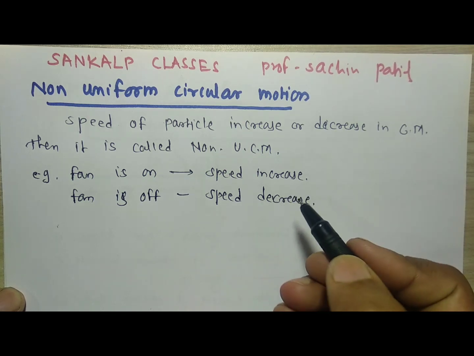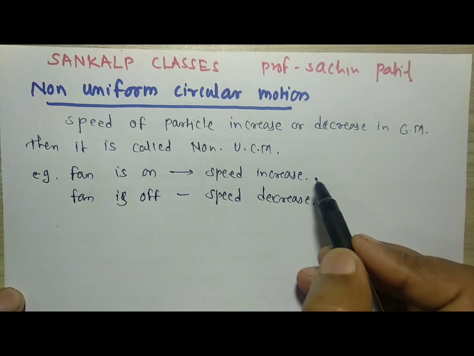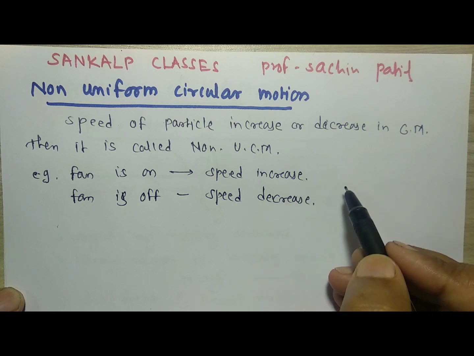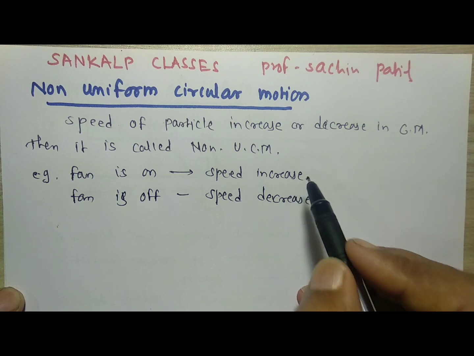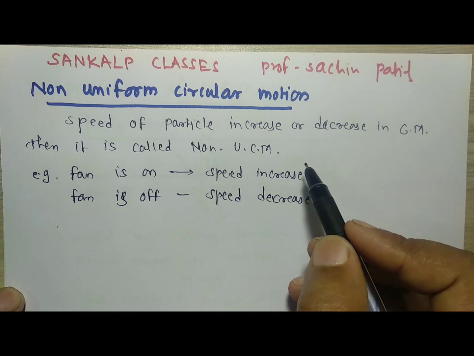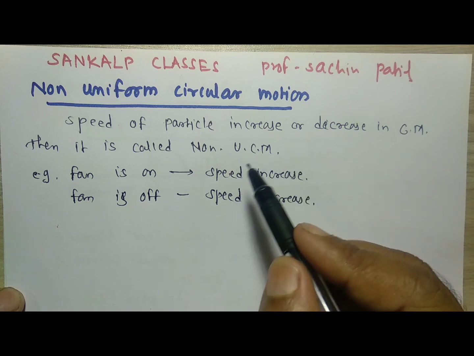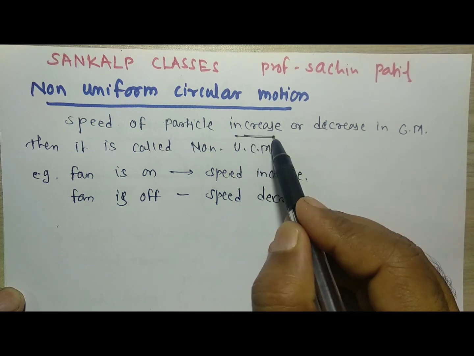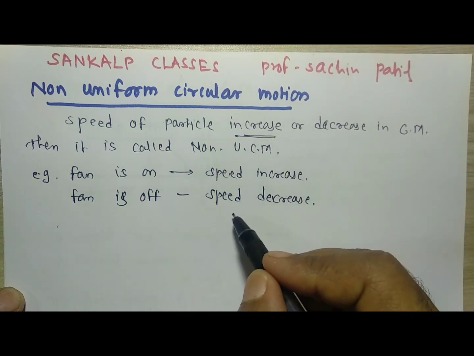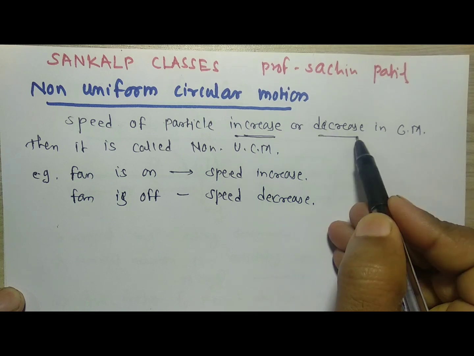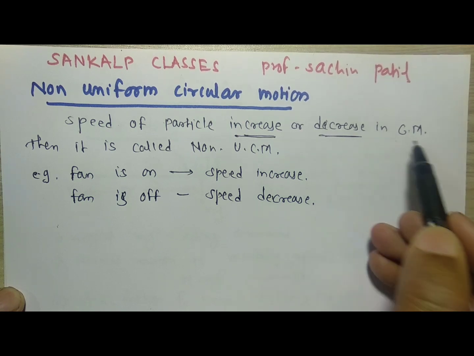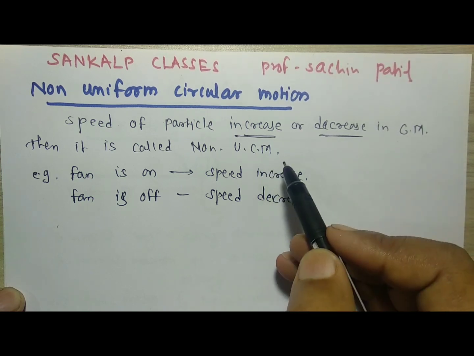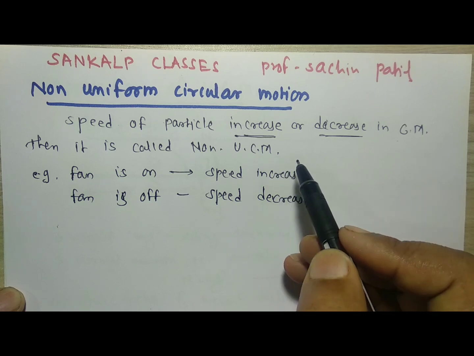That means when we switch on the fan, the speed of the fan increases, and at that time it is not a constant uniform speed, and therefore it is an increase in speed. And if the fan is off, at that time speed is decreasing. That means a decrease in speed in circular motion, and therefore it is a non-uniform circular motion.